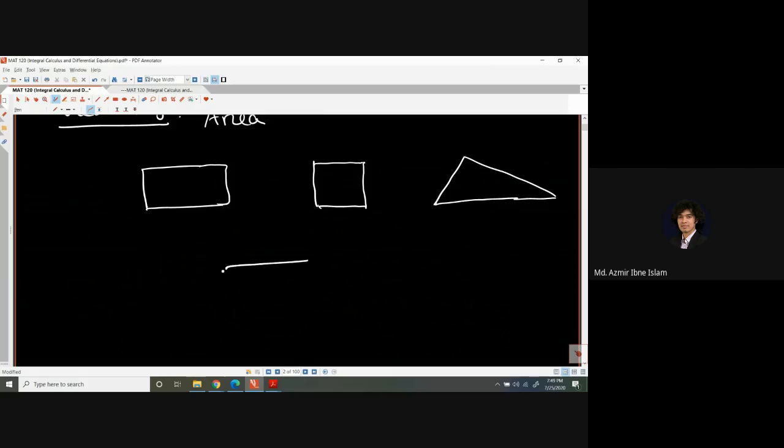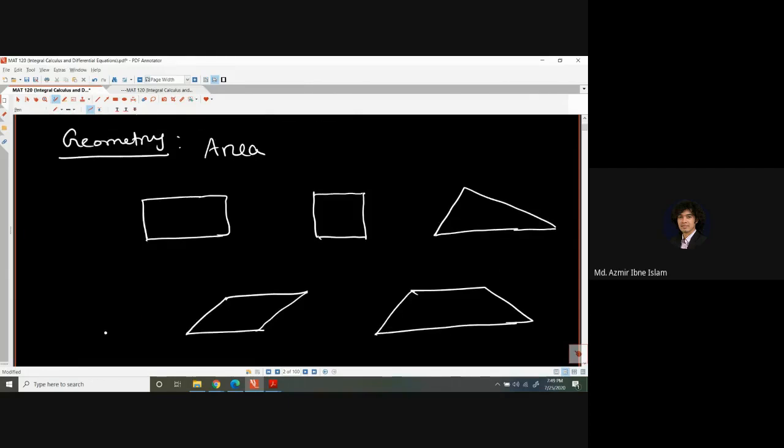That means we may have a parallelogram, we may have a trapezium, okay. So we know from geometry that for this rectangle, with base x and height y, the area will be xy. Similarly, since this is a square, let's say base and height are the same, so the area will be x times x, that is x squared.